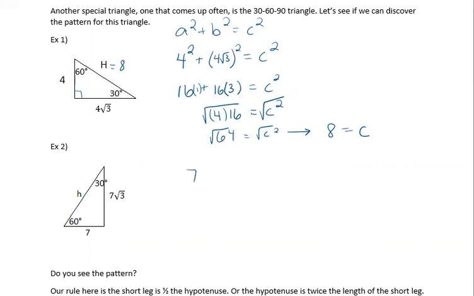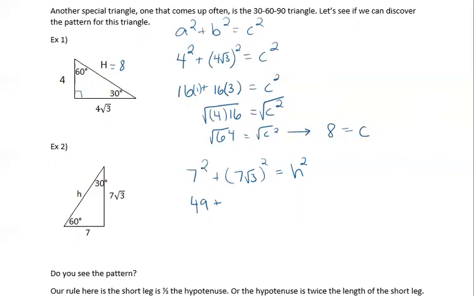We're going to use a squared plus b squared equals c squared. In this case, I'm just going to use the h to maybe help us out a little bit. Okay, so 7 squared is 49. I won't do my tricky little pattern here.